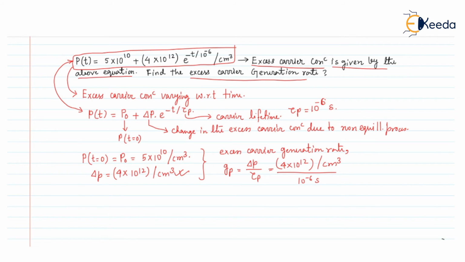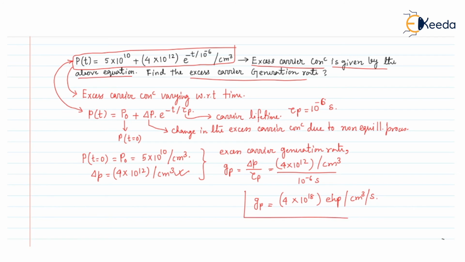So if we calculate this, then we can find Gp will be 4 into 10 to the power 18 electron hole pair. EHP means electron hole pair per centimeter cube per second.